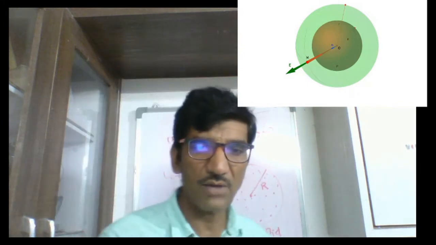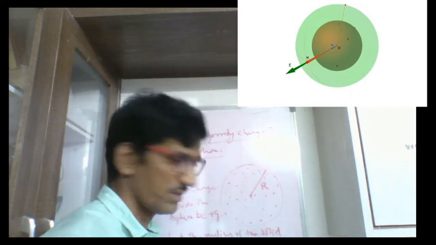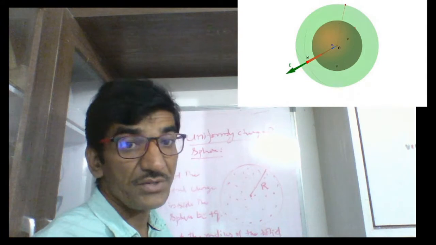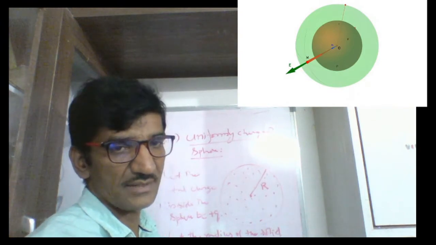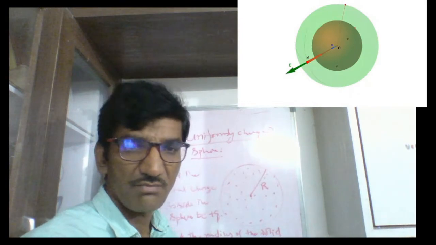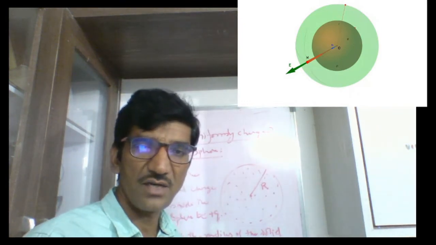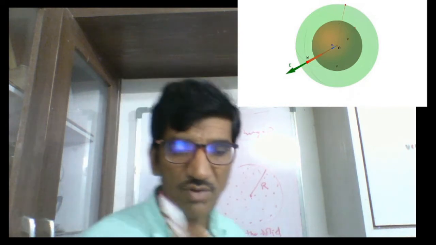Now we have to apply the Gauss law of electrostatics to this particular problem. Where do you want to find the electric field? This is a lump of charge, but this is not a structureless object.